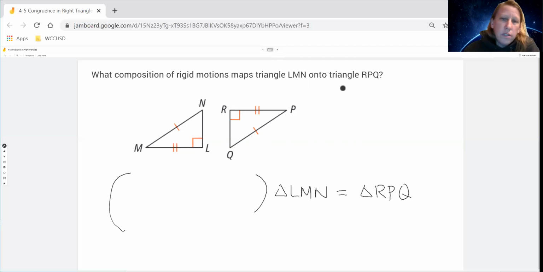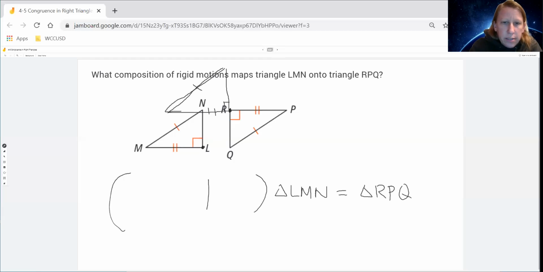Okay, so there's lots of ways to do this. I'm going to take this point L and I'm going to translate it to where R is. So I'm just going to sketch what that would look like. It would look like this. The 2 would be here and the 1 would be here. Maybe it's a little bit longer. And this is my right angle here. So what did I do?